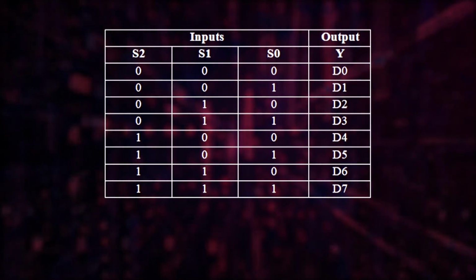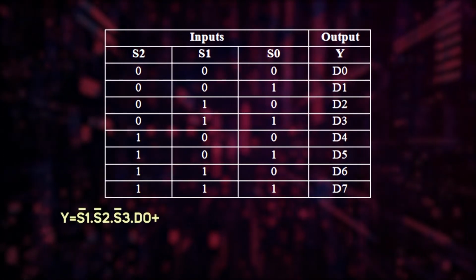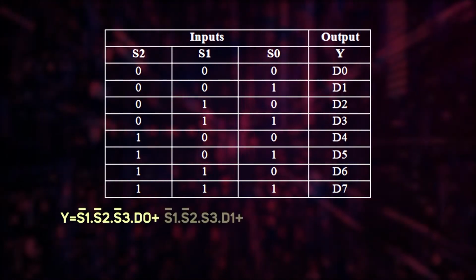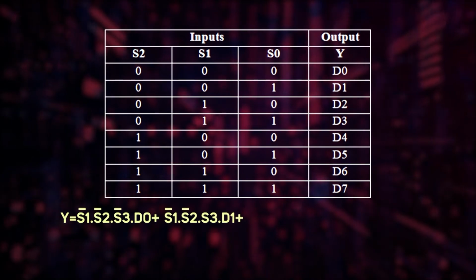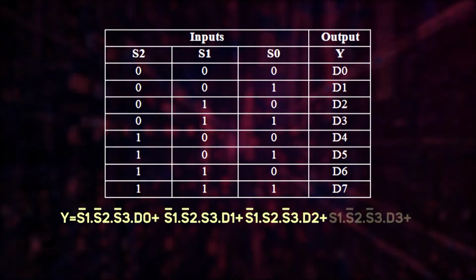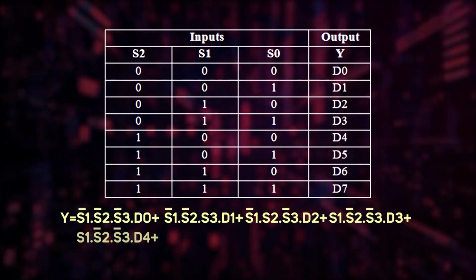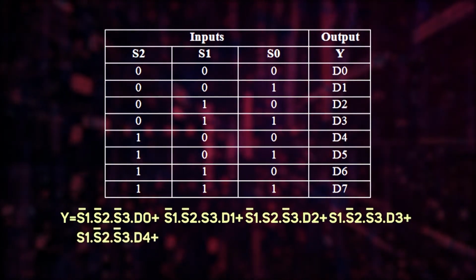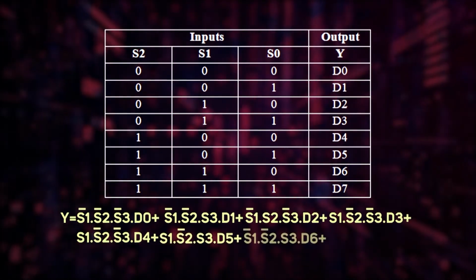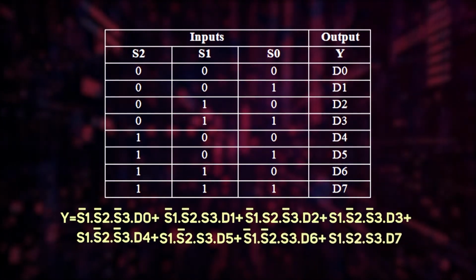The logical expression can be derived from the truth table as y equal to S1 complement S2 complement S3 complement D0 plus S1 complement S2 complement S3 D1 plus S1 complement S2 S3 complement D2 plus S1 S2 complement S3 complement D3 plus S1 S2 complement S3 complement D4 plus S1 S2 complement S3 D5 plus S1 complement S2 complement S3 D6 plus S1 S2 S3 D7.